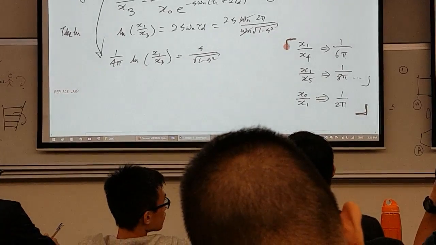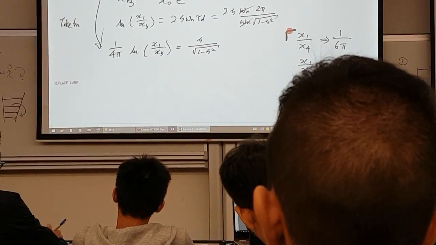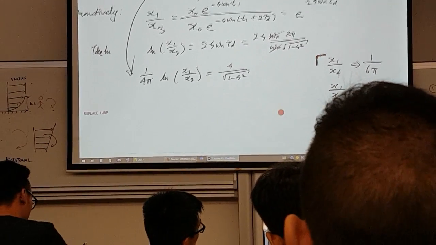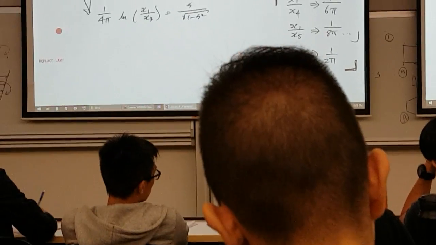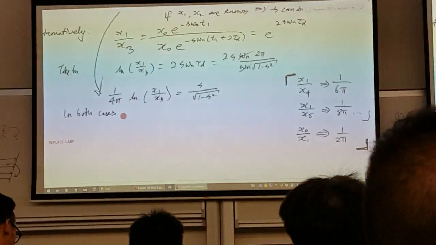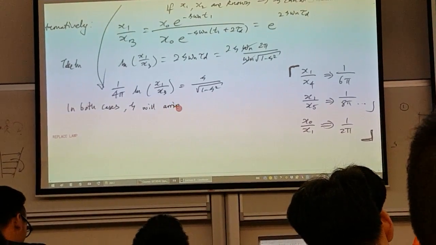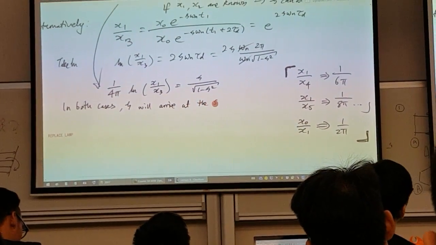So it depends on the combinations that you want. This is my way of saying, kind of like at a sideline, in both cases zeta will arrive at the same value.